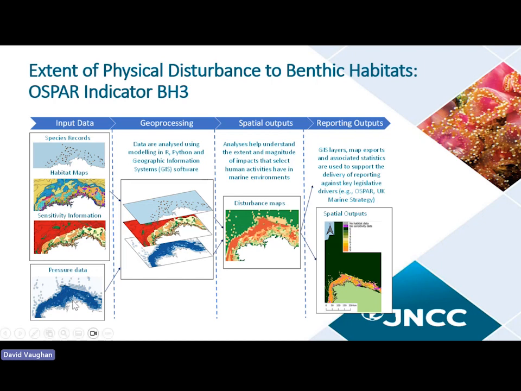Then the pressure data, which is a fishing grid, is put together with that to see where the overlaps are. Those overlaps are then assessed for the magnitude of the impacts. So it's not just, is there fishing, it's what type of fishing, is it relevant to a particular habitat, and how much fishing is going on.